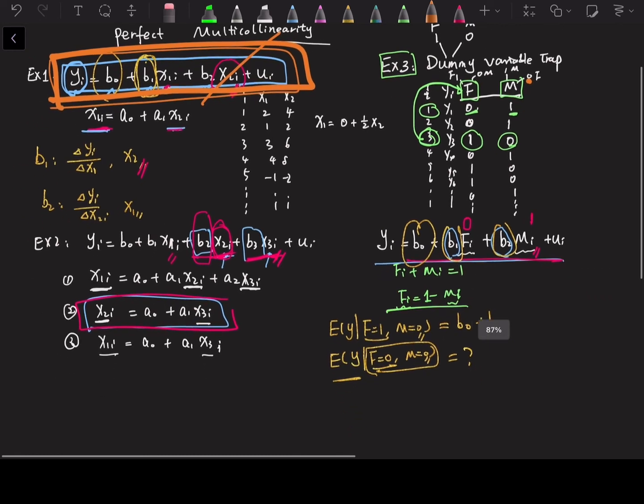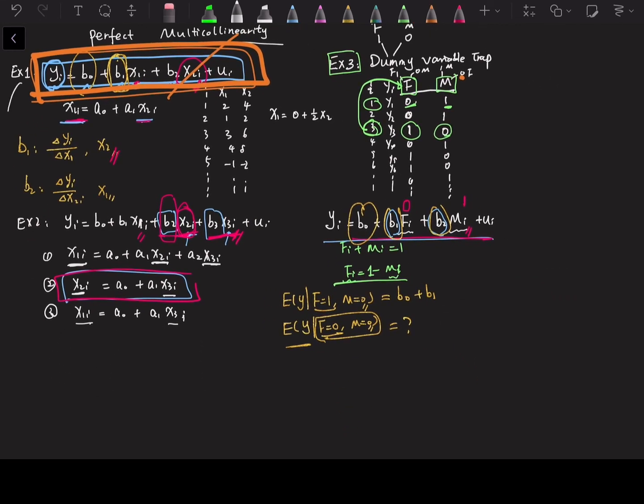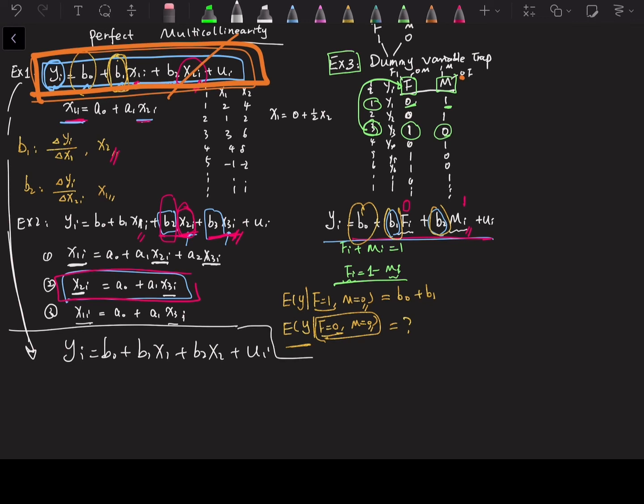Let me just zoom out a little bit. So if you have this case number 1, you run this regression y equals b0 plus b1 x1 plus b2 x2 in computational software, for example Stata, R or Python. But x1 equals x2, for example. x1 and x2 are perfectly collinear. Then Stata will actually do this: y equals b0 plus b1 x1 plus b2 x1 plus error, because Stata can detect this perfect multicollinearity immediately.